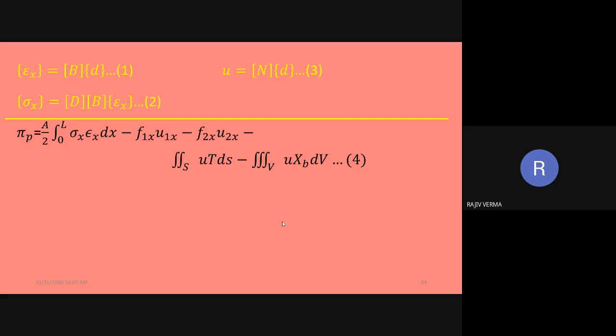Now, specifically when we talk about the bar element, the U which appears in surface loading and the U which appears in the volume loading are basically the same.